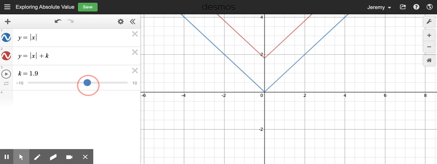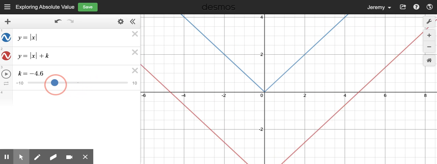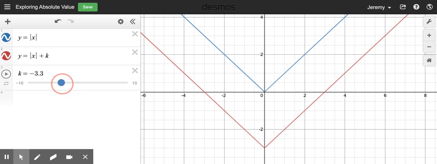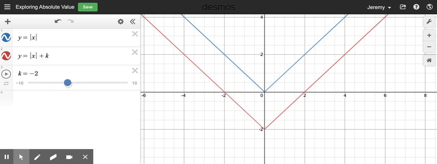So that makes maybe intuitive sense, but this is a great tool for understanding how changing this equation in a certain way, by adding either a positive or a negative constant, will cause the graph to move up or down.